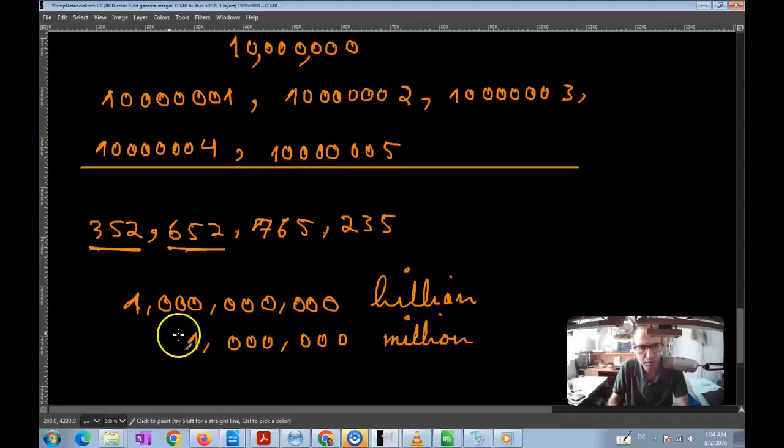So based on this, when you see 3, 6 digits and 9 digits, then whatever comes over here, you will read it as so many billions. And when you see 3 digits and 6 digits, then whatever comes over here, you would read it as so many millions, right?